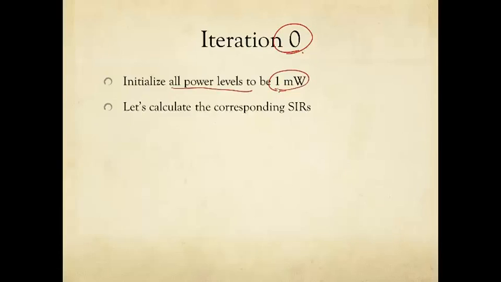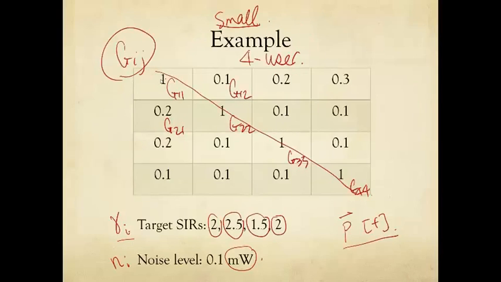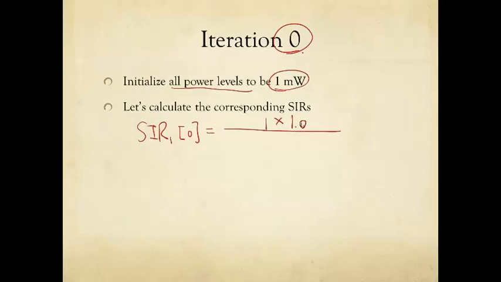Okay, now let's calculate what the corresponding SIRs are. The SIR for the first transceiver pair at time 0 initialization is simply 1 times 1.0 milliwatt, divided by the interference.